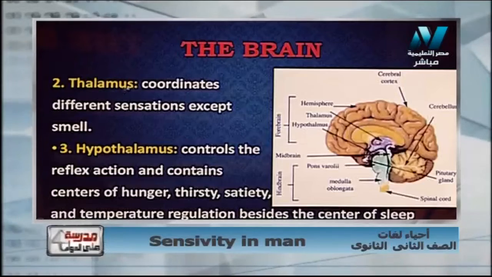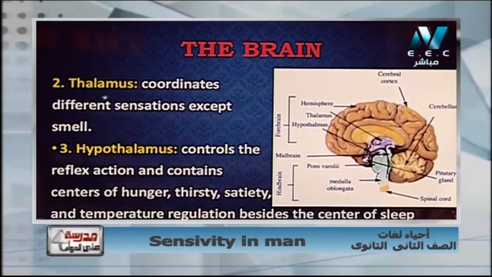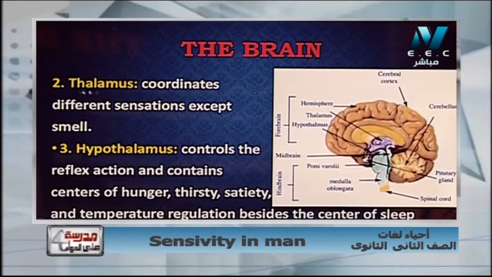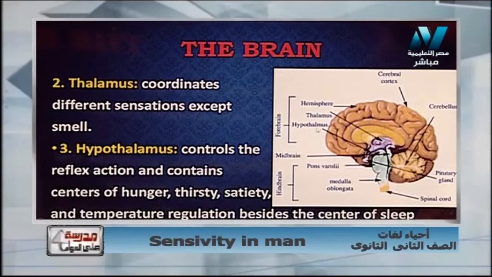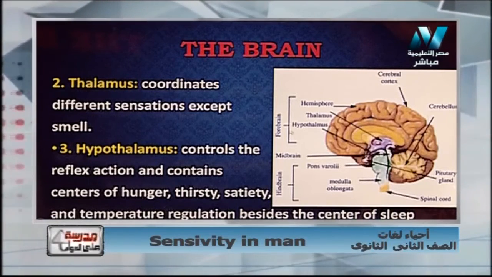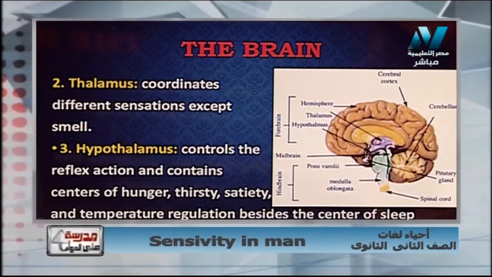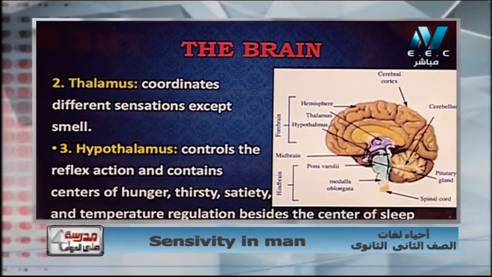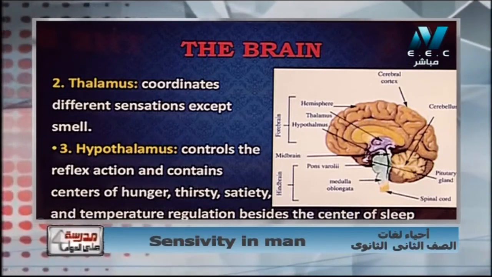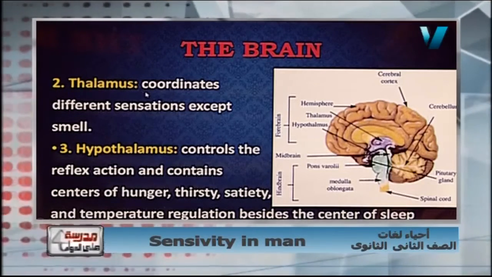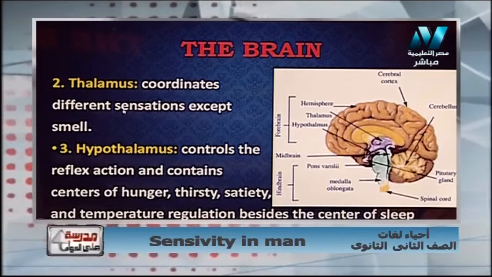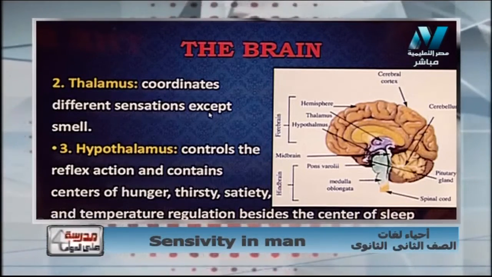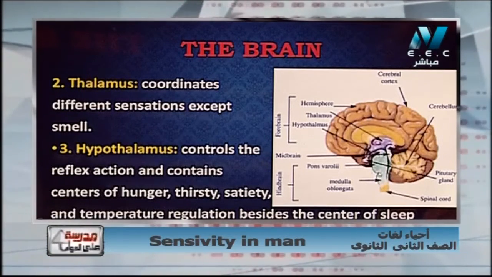The second part of the forebrain is the thalamus. Can you notice the thalamus? Yes, the thalamus is here, colored in pink. It coordinates different sensations of the body, except smell.